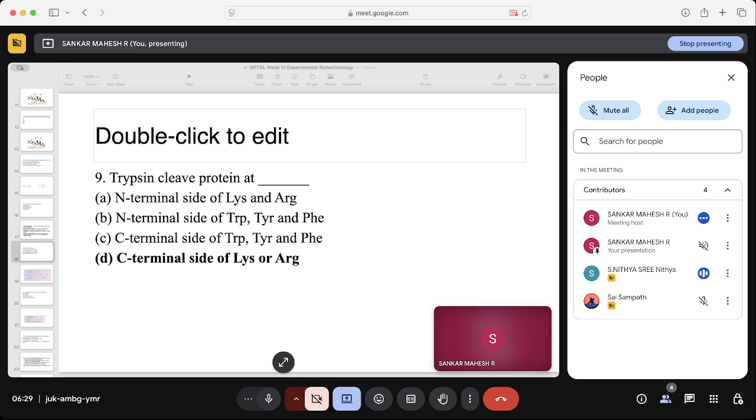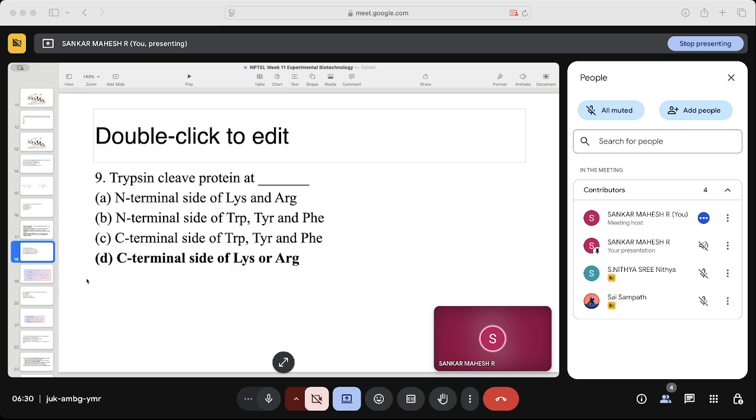It digests protein, sir. Good. Yeah. So trypsin can cleave proteins. Now, do you know anything other than this? Like where it cleaves? Can it digest at a specific sequence at the N term, at the C term, something of that sort? No, sir. Okay. So trypsin is specific to positively charged amino acids, which is lysine or arginine, and it cleaves after that amino acid ends. That is why it's written as C-terminal side of lysine or arginine.